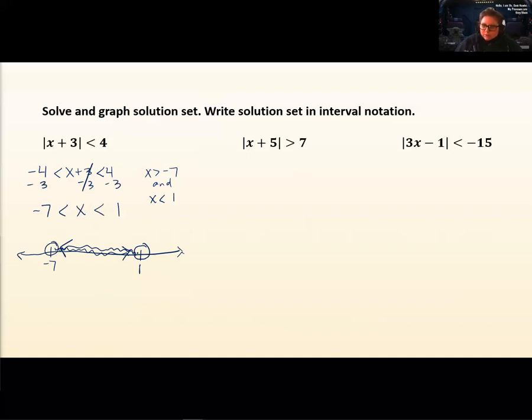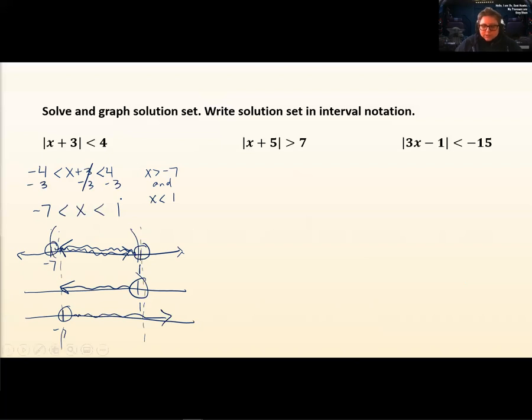Well, if we looked at just x is less than 1, that goes on forever that way. If we look at just the -7, that goes on forever that way. But what they have in common is this space between. You see that? If you draw the lines down, what they have in common is the space between. And it's really important because this is an and. So we're only looking at between -7 and 1, since that's what they both have.